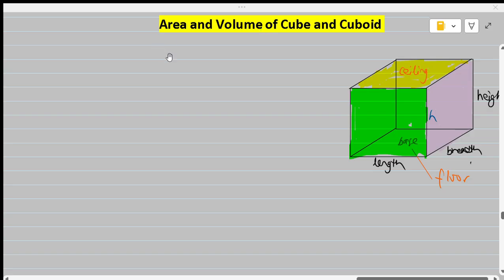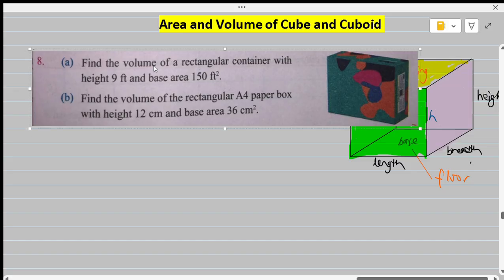Okay, number 8 now. So here 8 is also going to be very same as number 7. Let's just see.